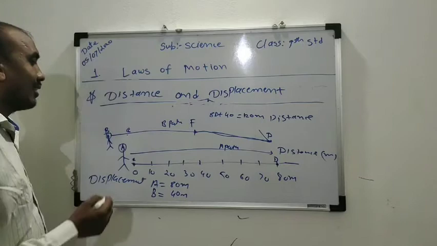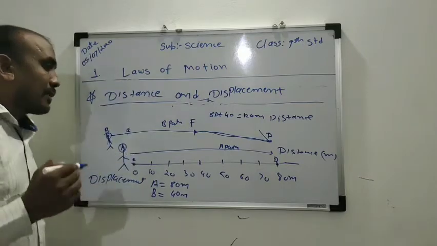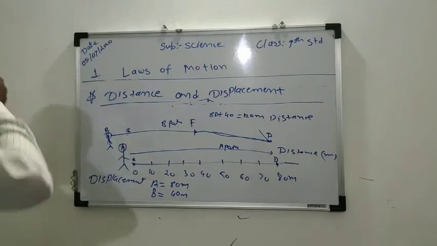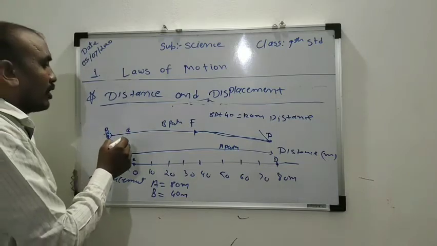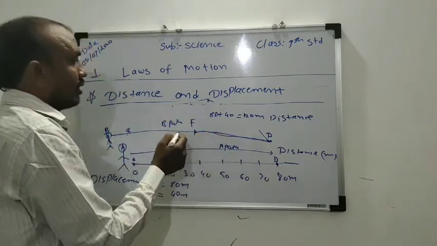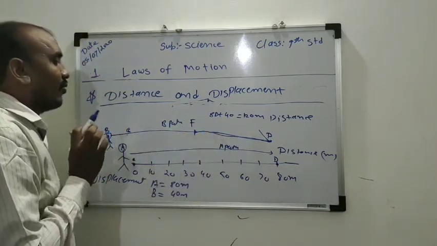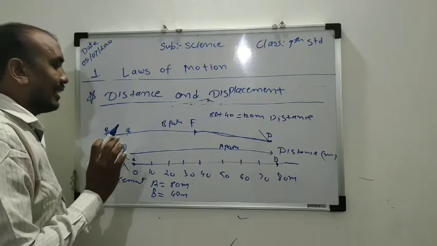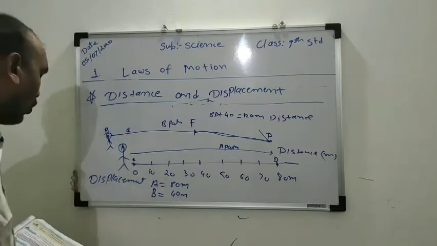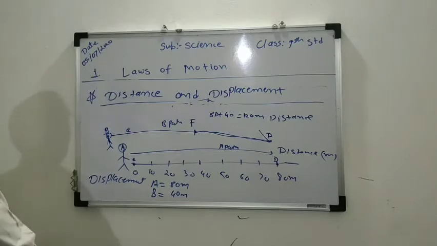Displacement is only 40 meters. How to calculate that? Displacement is nothing but the initial position and final position. What path is followed is not considered. Only the distance between the initial position and final position is considered.